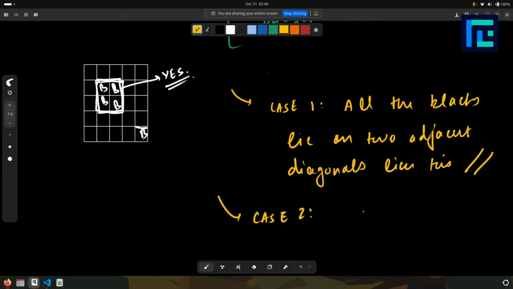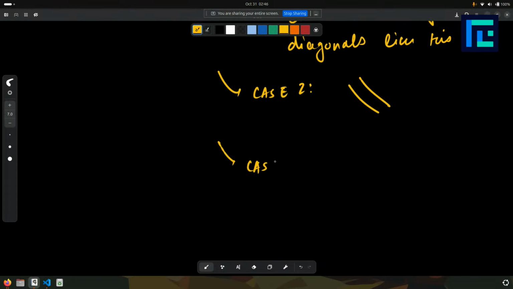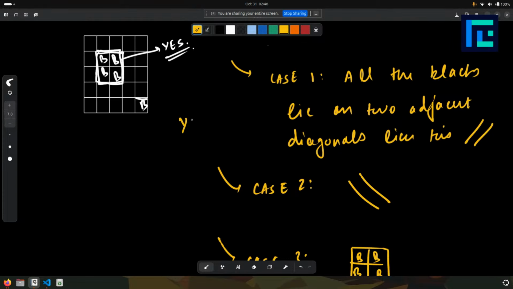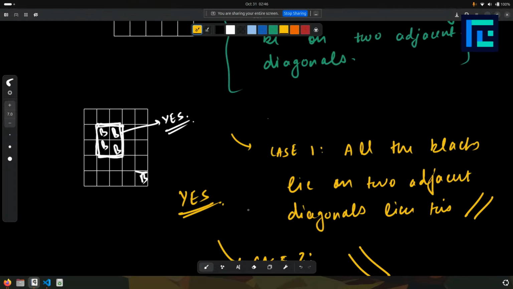Case 2 would be they lie on diagonals like this. And the last case will be basically we have a box type of thing in our grid and these are the only black colored cells. So in these three cases, the answer would be yes, else the answer would be no.